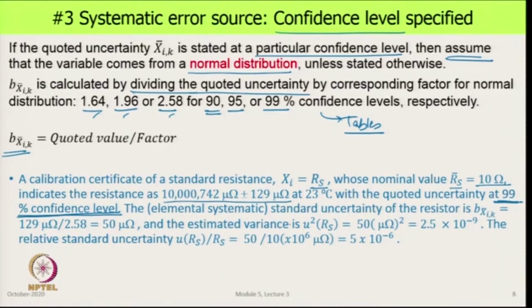That means the elemental standard uncertainty of the resistor is 129 by 2.58, because at 99% confidence level we have 2.58 as the factor. So, we divided by 2.58 and our answer is 50 micro ohms, and of course, we can calculate the variance, which is the square of that, and the relative standard uncertainty, which is the ratio of these.